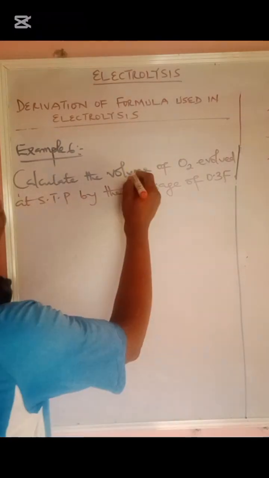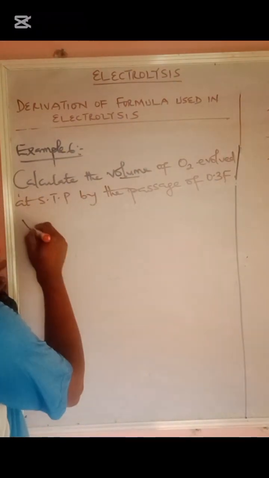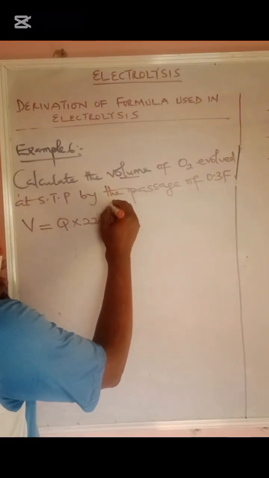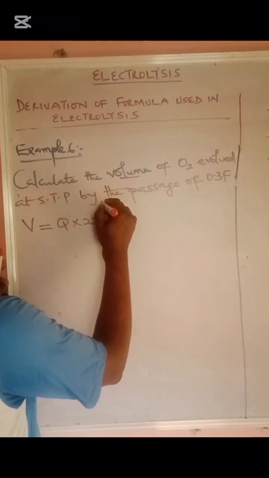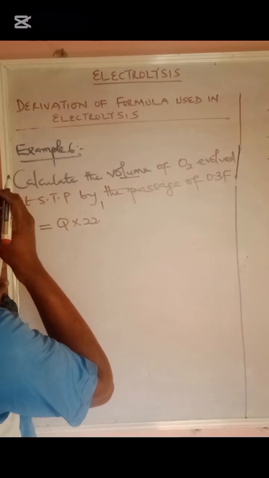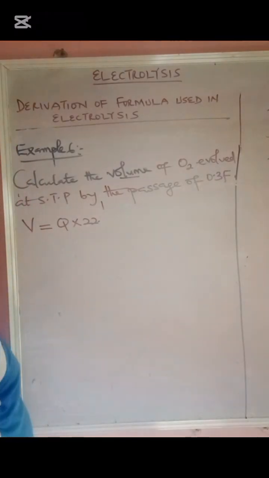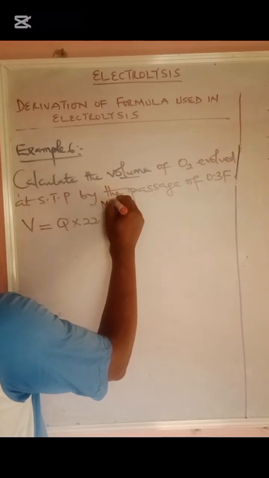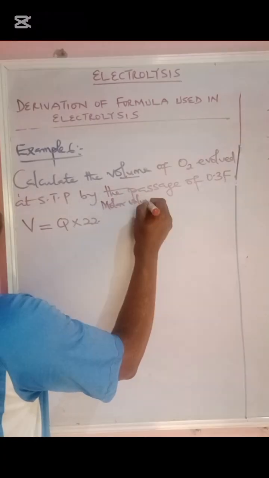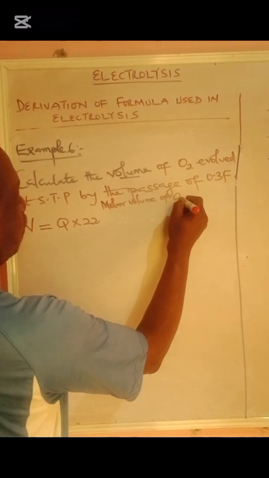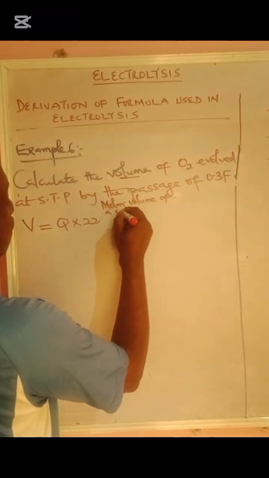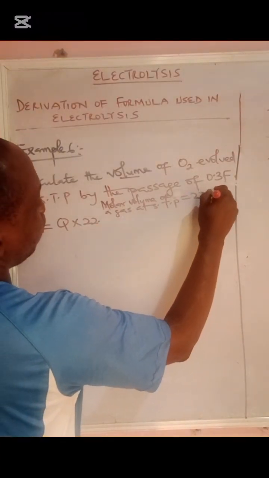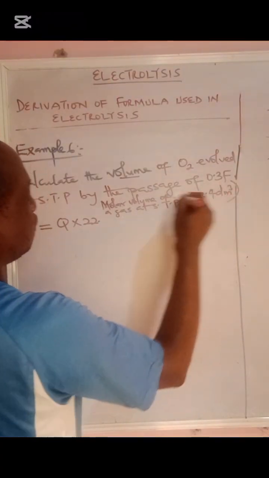You know, it has to do with volume. So you go back to the formula. V is equal to Q times 22.4. They will give you the molar volume of a gas at STP to be 22.4 dm cubed.